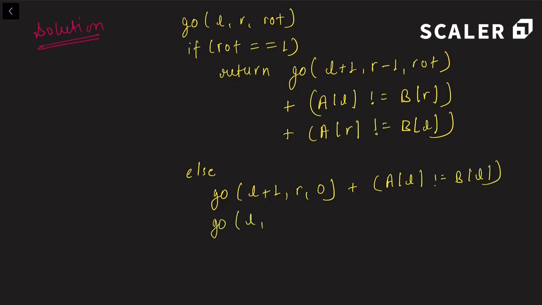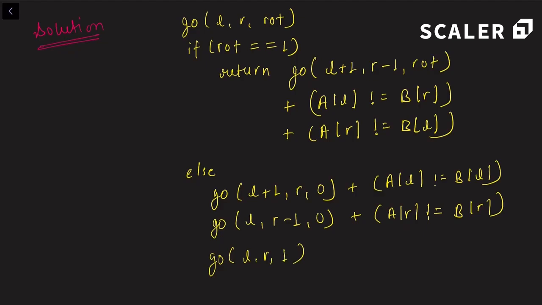So what I'll do there, R minus 1 comma 0, plus I'll compare the last character of our string A with the last character of our string B. And apart from these two, I can always reverse my string. So in that case, I'll just do go L to R, but this time I'll pass 1 here because I have already reversed my string. Okay, in this case I need to add C. So I can return the minimum of these three.